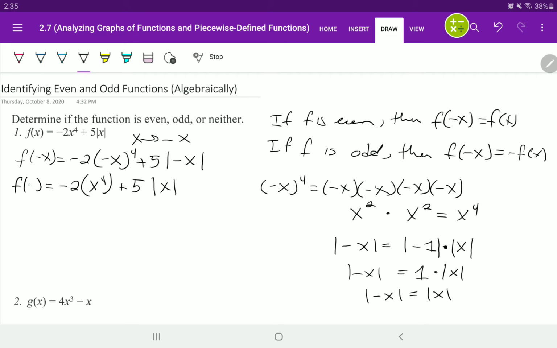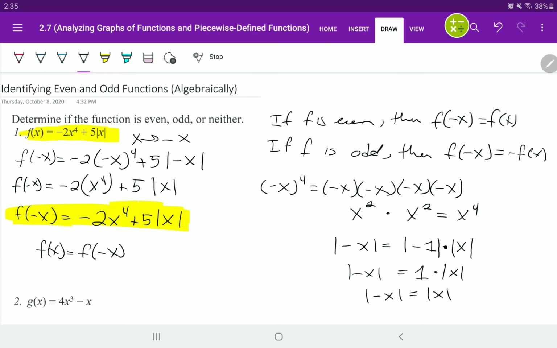So f of negative x equals negative 2x to the fourth plus 5 times the absolute value of x. If you notice, this answer here, f of negative x, is the same as the function f of x. So f of x equals f of negative x.